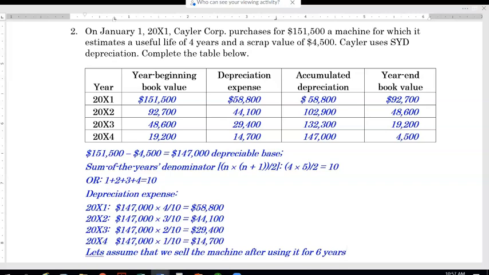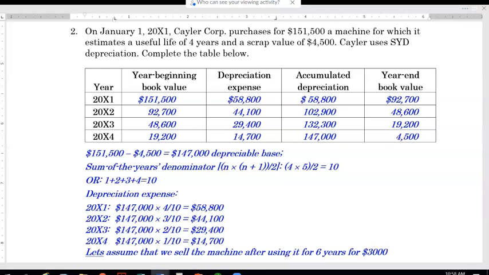So we used this machine for 6 years. Yes, the useful life was 4, but we sold it after 6 years. So that's good. So the journal entry for how much? For let's say $3,000. Very good.